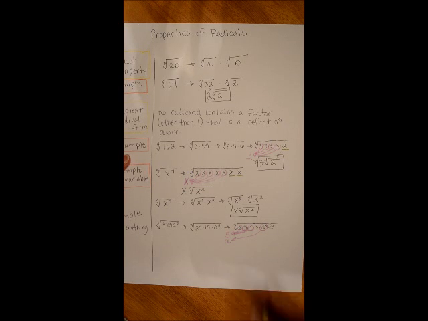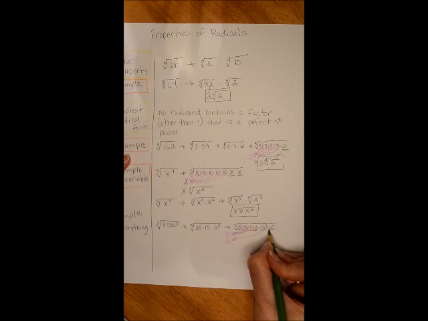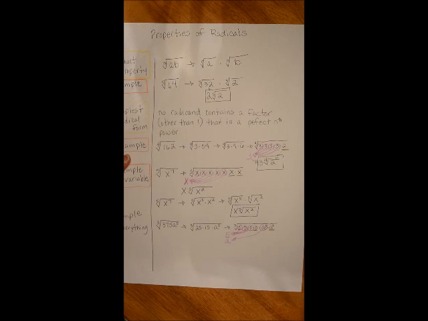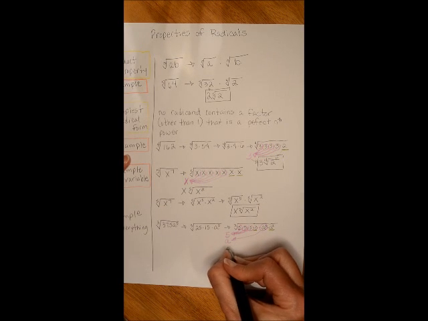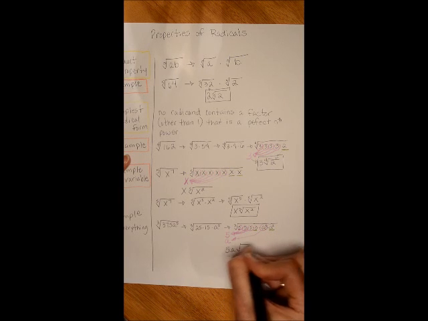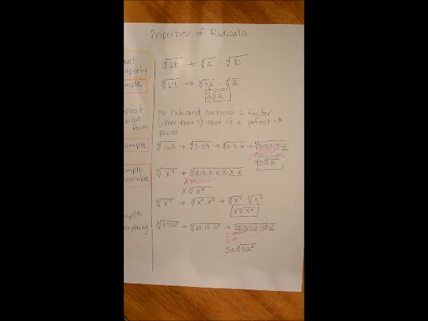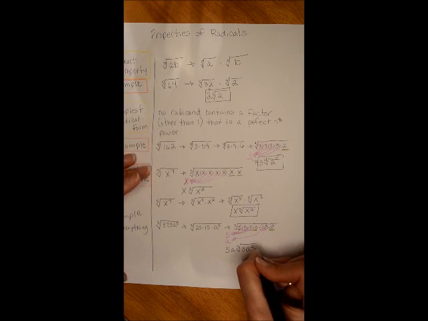Now, what do I have left in here? Well, I have that 3 left in here, and I have that a squared left in here. Those are going to stay under the radical sign. These just came out. So I have 5a cube root 3a squared. And that's my answer.